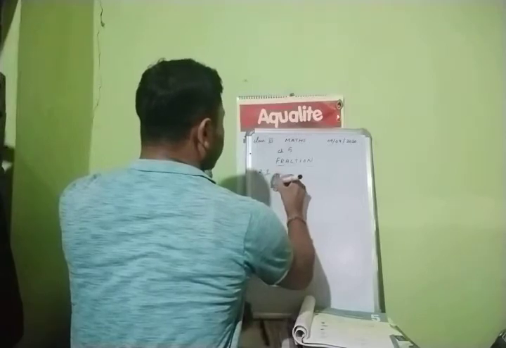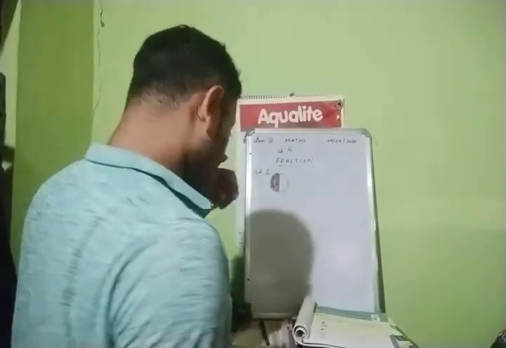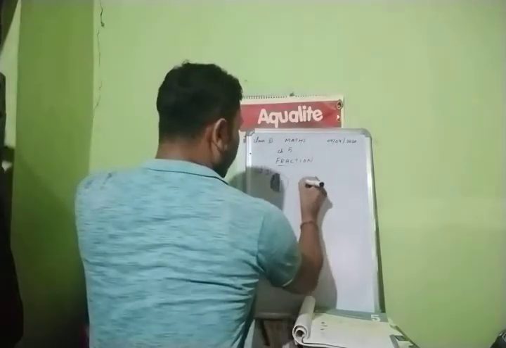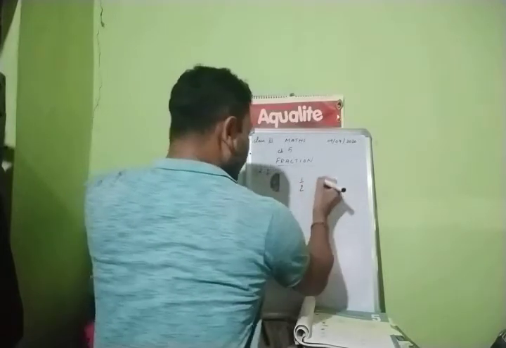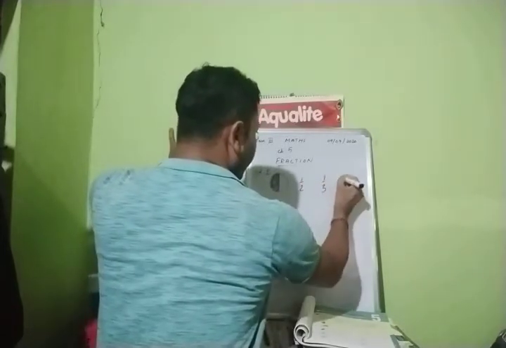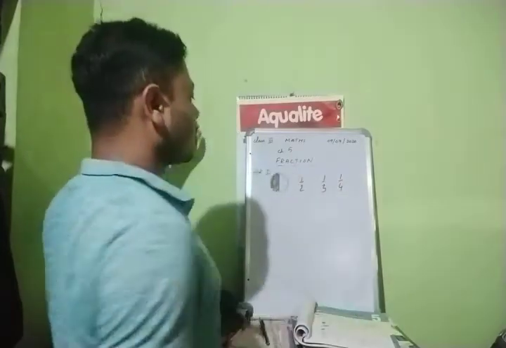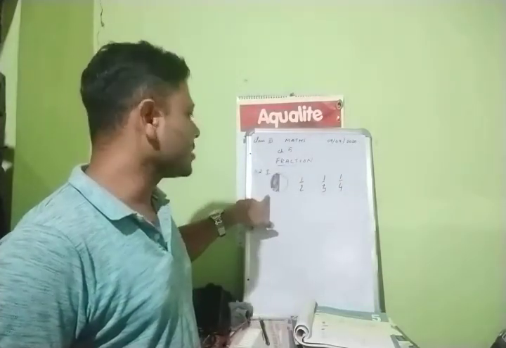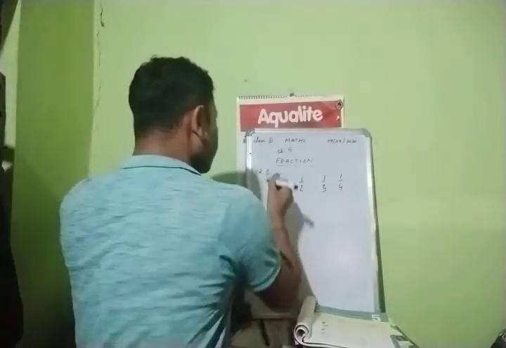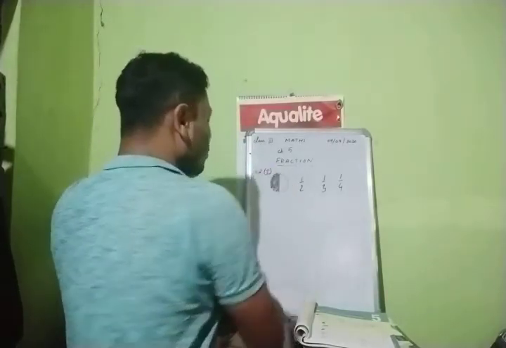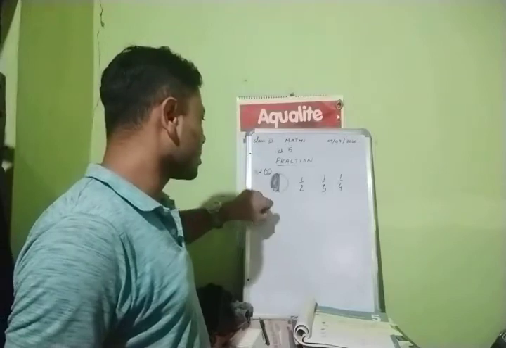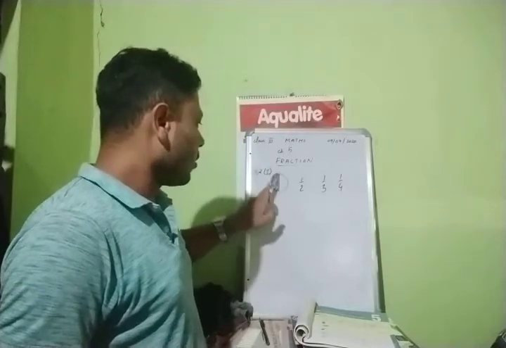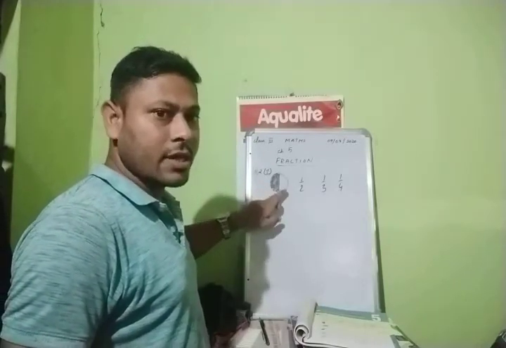Now, the question is like this, whether it is 1 by 2, whether it is 1 by 3 or whether it is 1 by 4. So we can see one circle there, right children? Yes, we can see one circle there. Don't get confused. One circle is there, one side is shaded, another one is empty.